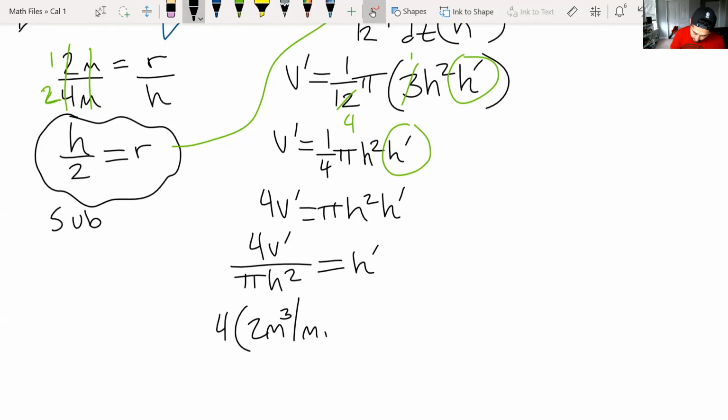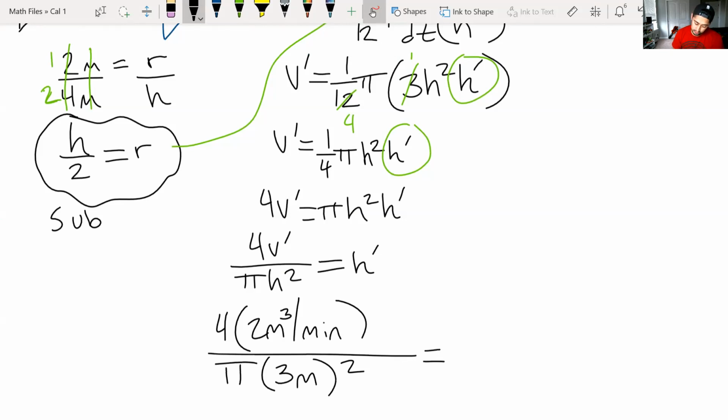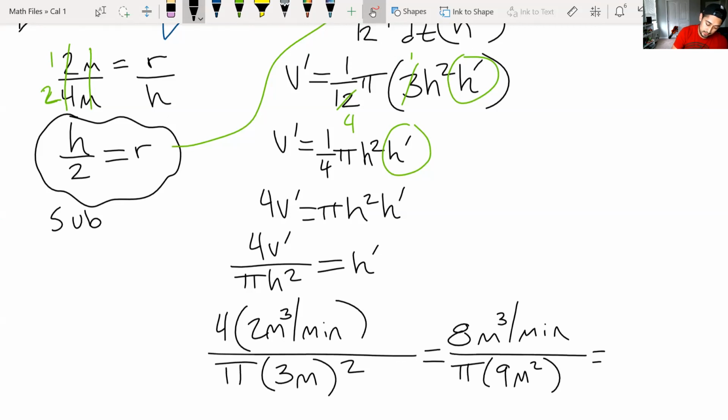Two meters cubed per minute over pi times 3 meters squared equals 8 meters cubed per minute over pi times 9 meters squared. And let's cancel some stuff out. Meters squared, meters cubed.